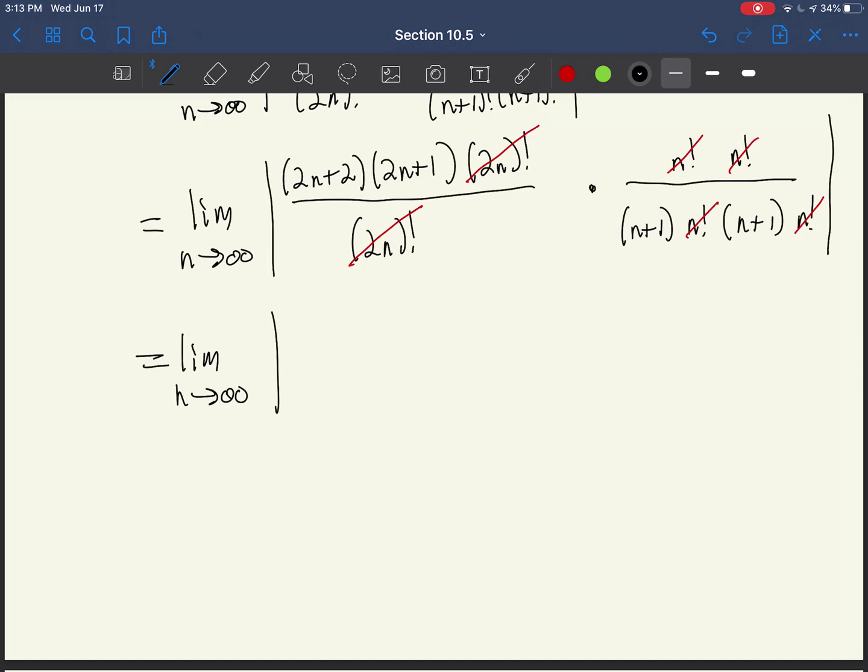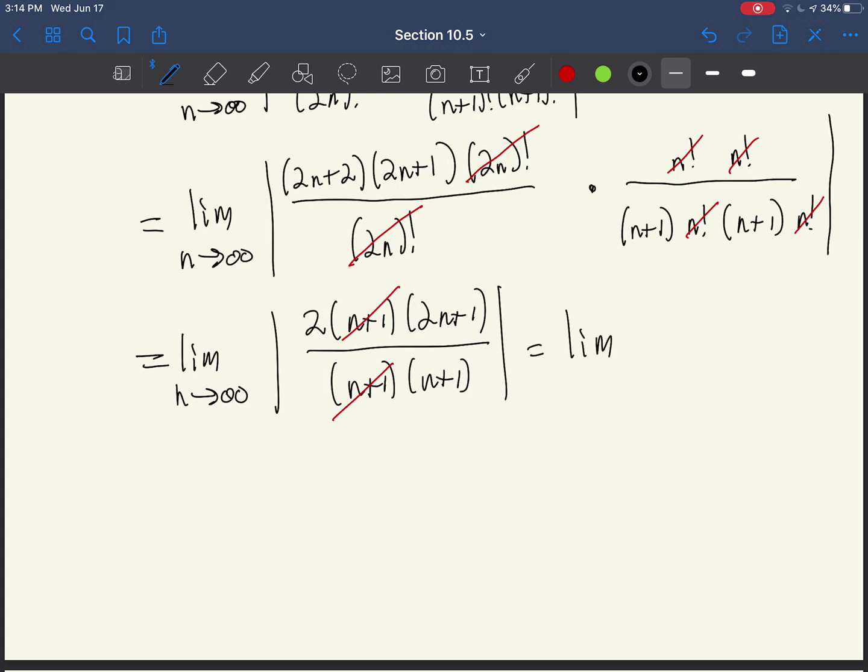So we now have the limit as n goes to infinity of the absolute value of 2n plus 2 divided by, factor out the 2, then you get n plus 1 times 2n plus 1 divided by n plus 1 times n plus 1. We can cancel a little bit more.